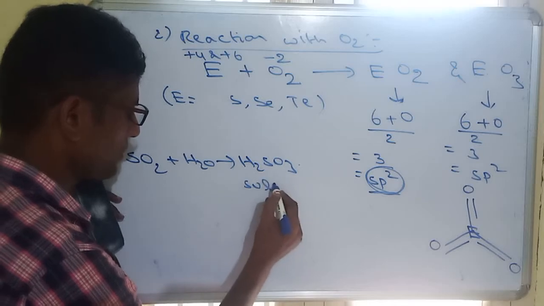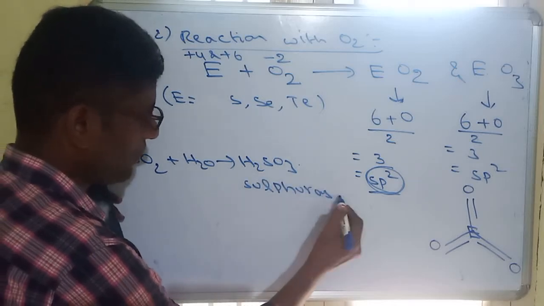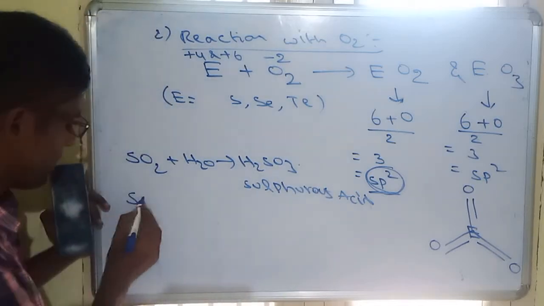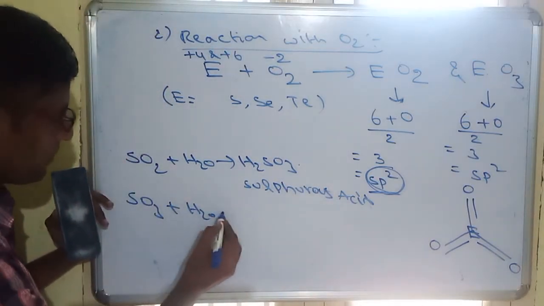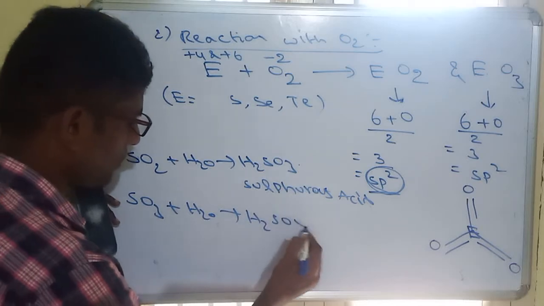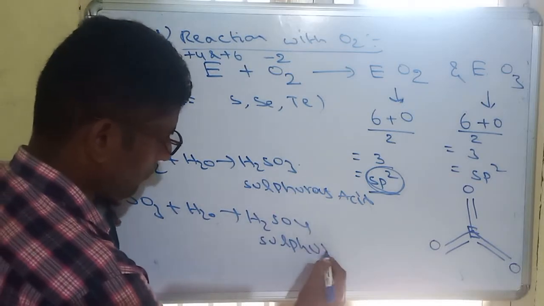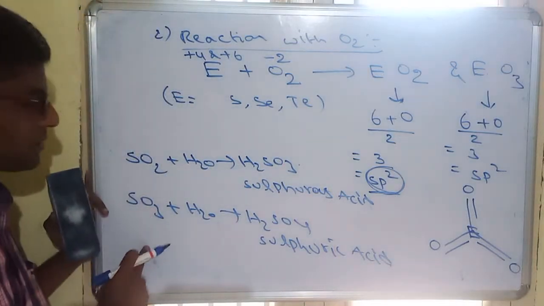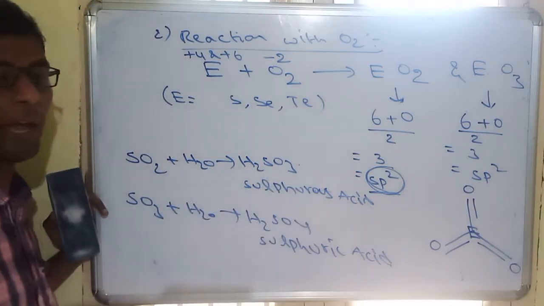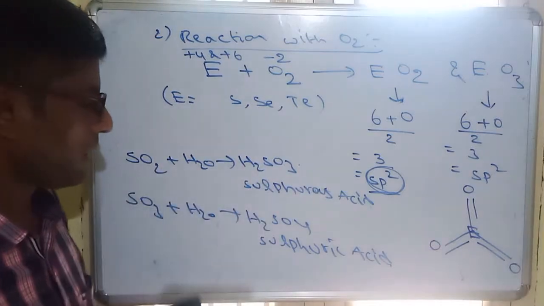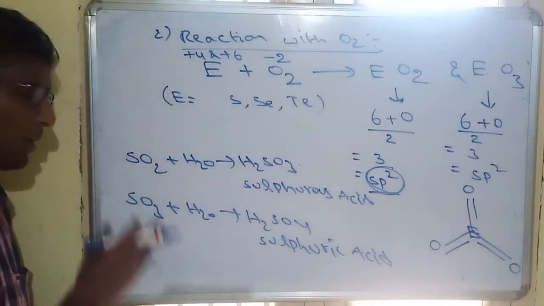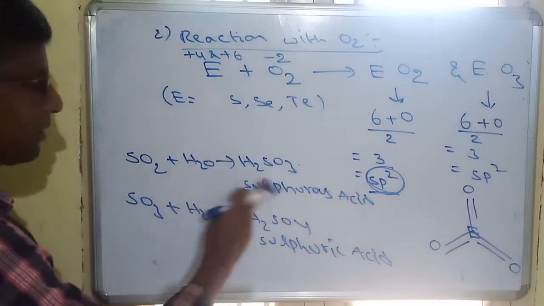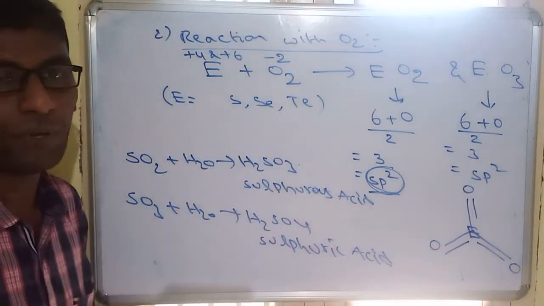So this is called sulfurous acid. Whereas trioxide combining with water will form sulfuric acid. So dioxides and trioxides with water form acids. That's why these are called acidic in nature. One is sulfurous, another one is sulfuric.